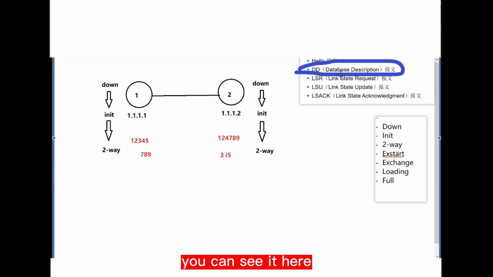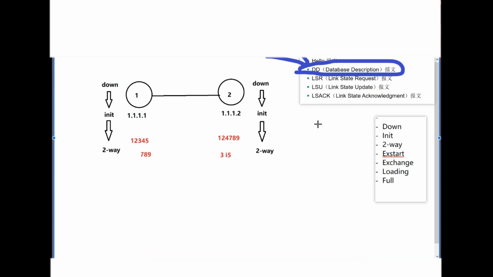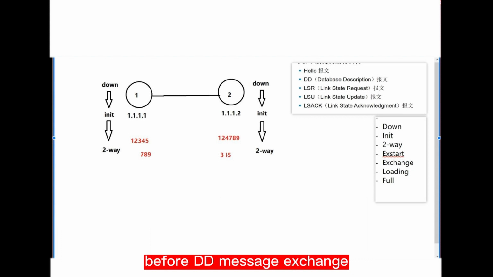It's called database description. You can also understand that this is a summary of the database. Before the DD message exchange, it will actually first exchange a set of empty DD packets. We call it empty DD.